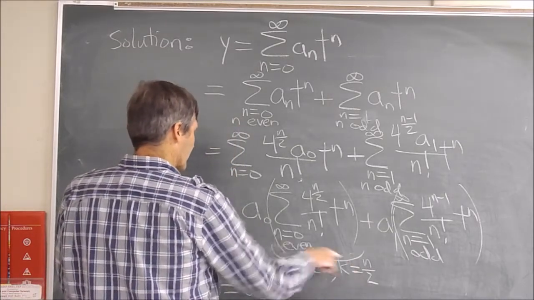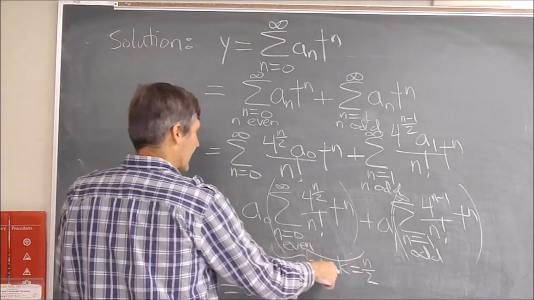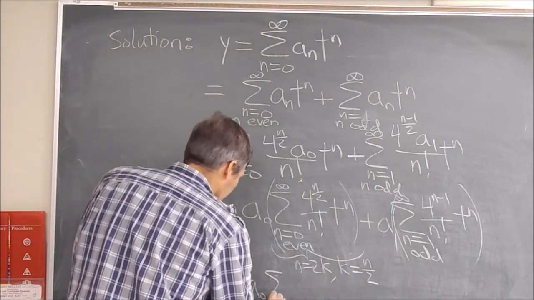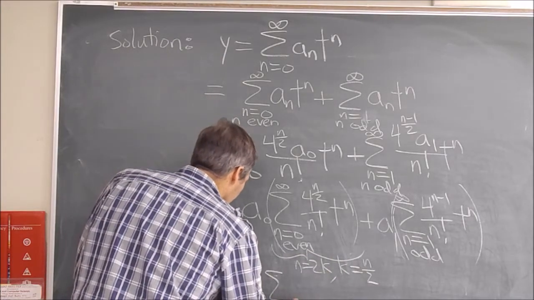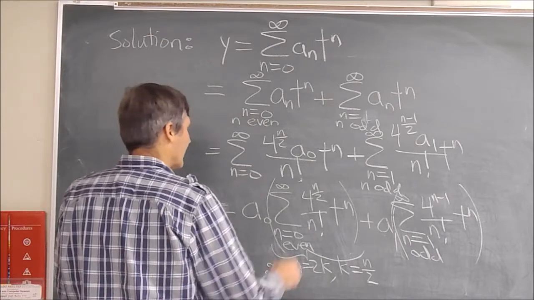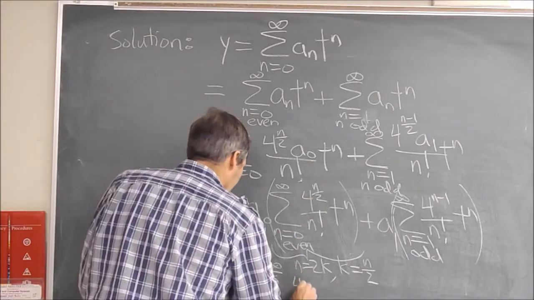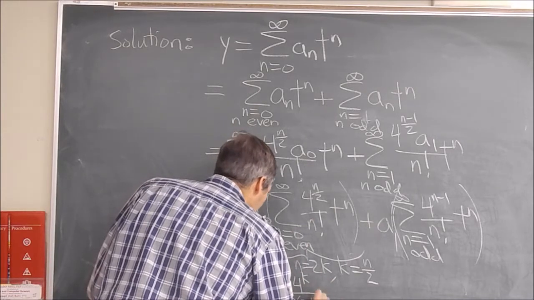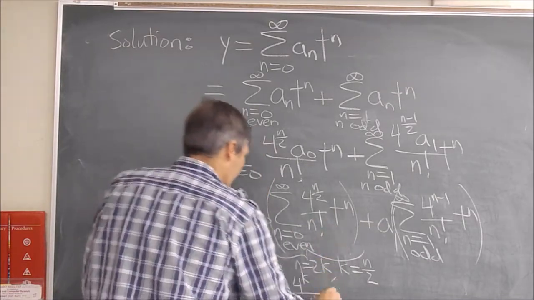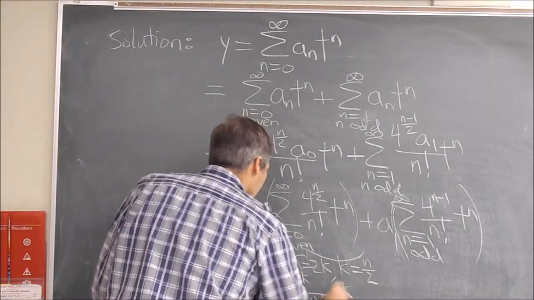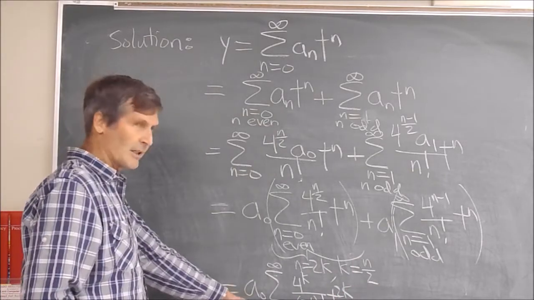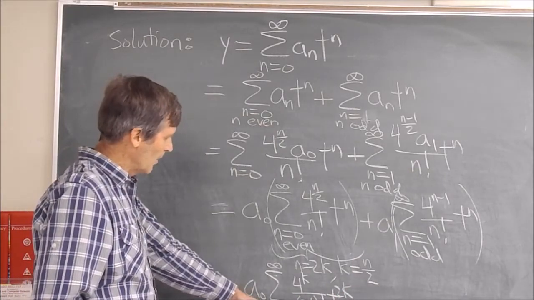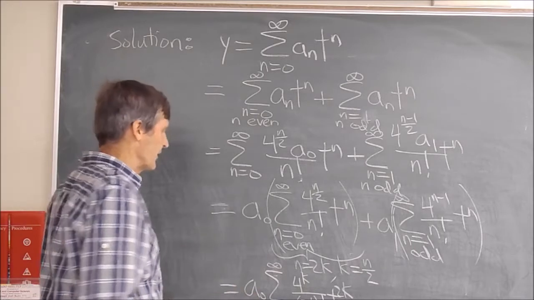If k is n over 2, then n running over the even numbers, k runs over all the non-negative integers. k runs from 0 to infinity. 4 to the n over 2 becomes 4 to the k. n factorial becomes 2k factorial. t to the n becomes t to the 2k. Now the series is cleaner, right? It just runs over all whole numbers, 0, 1, 2, 3, up to infinity.